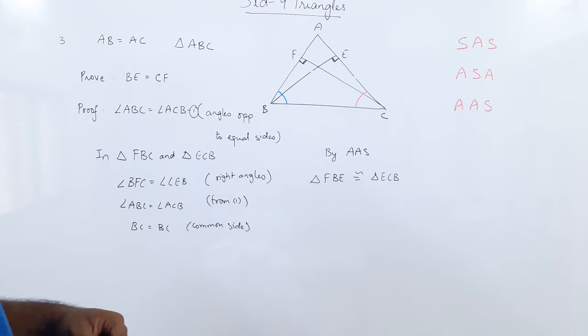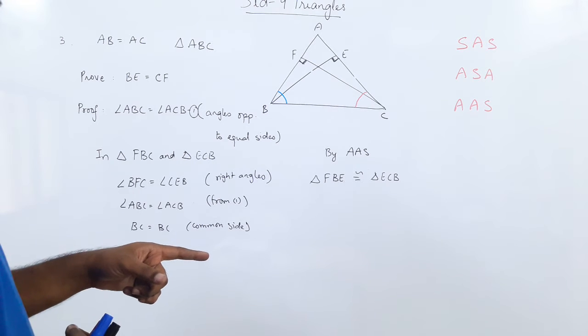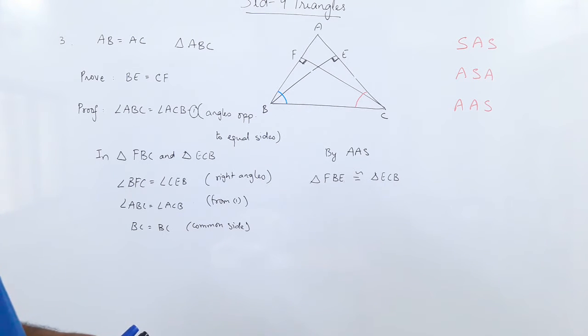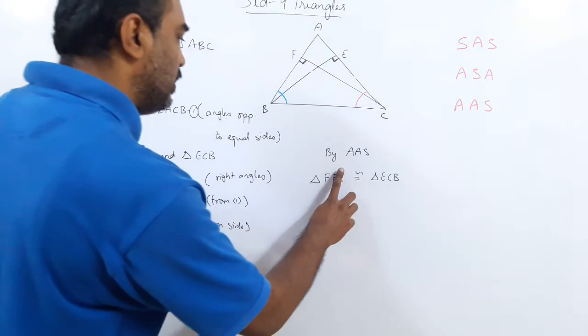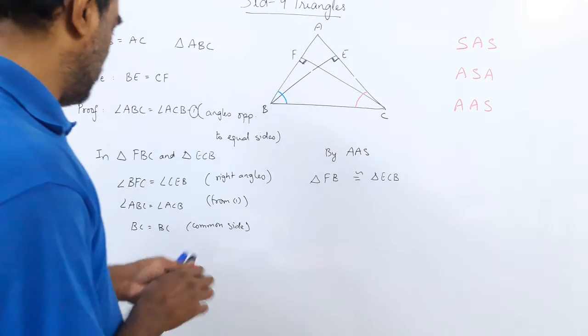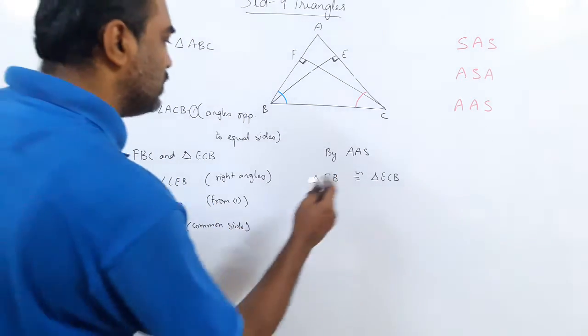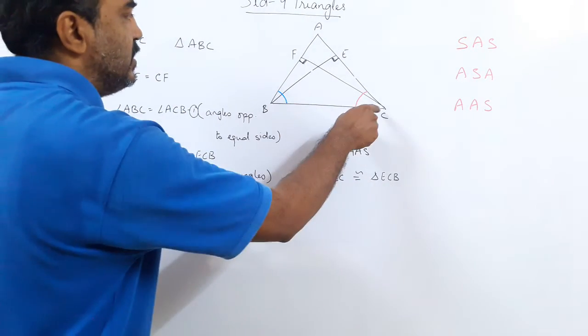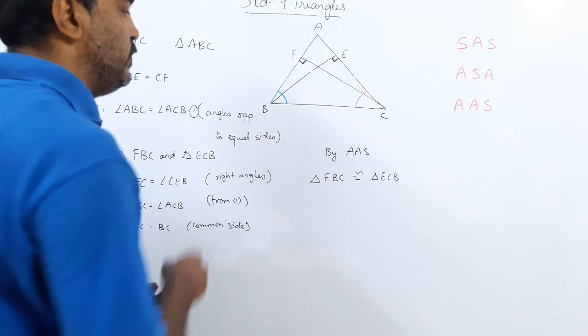Sorry, we have got FBC. Now we have got it correct. Triangle FBC is congruent to triangle ECB.